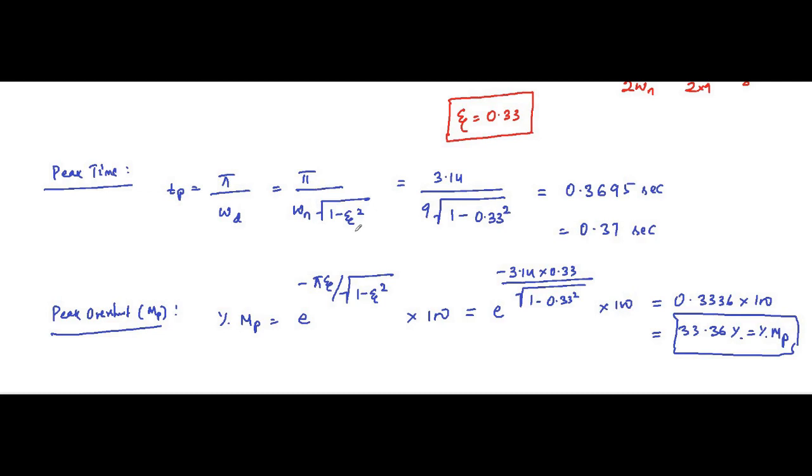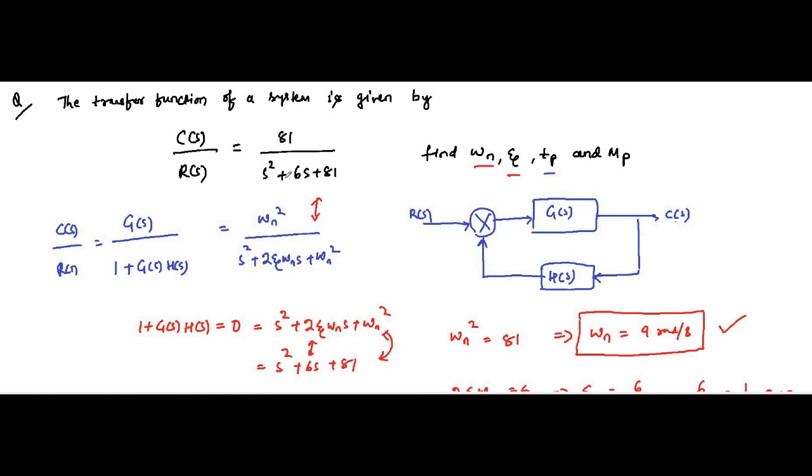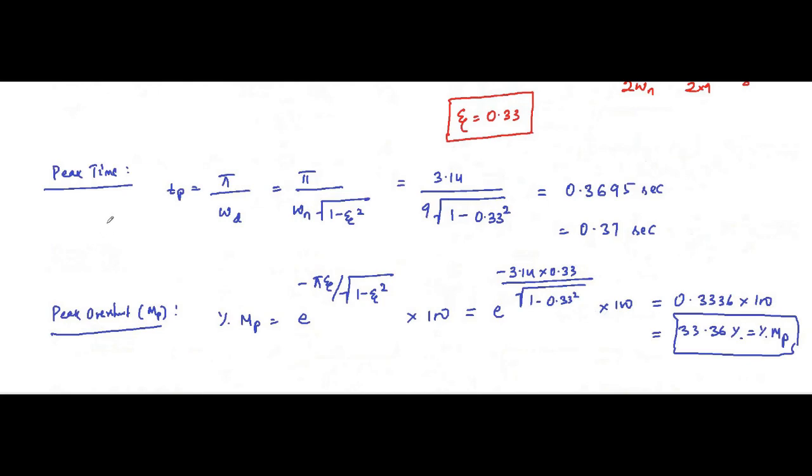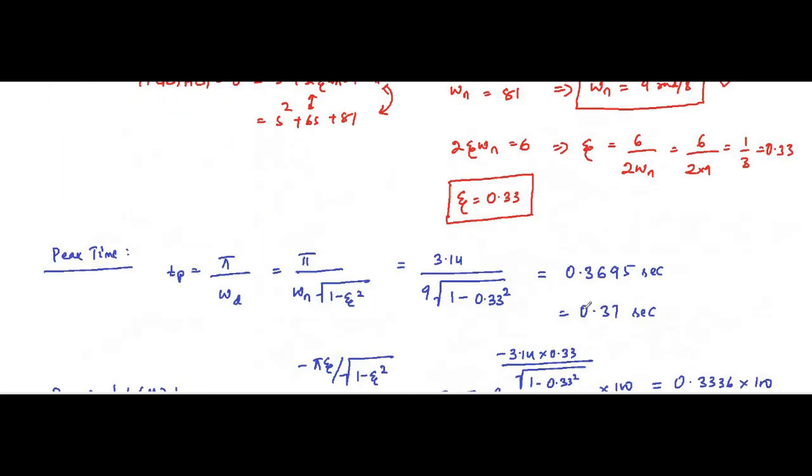So the important thing is identifying the system, remembering the general format of different systems, whether first order or second order, mainly it comes second order, and then remembering the formulas. So here we determined all the values.